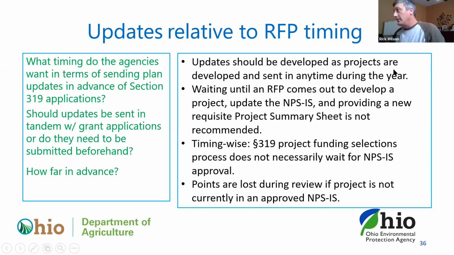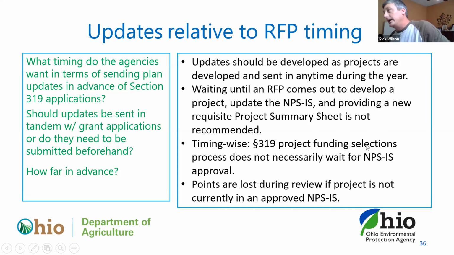There are some under development, and people are already saying, okay, we'll be updating and sending those in soon. So don't wait until the RFP comes out to develop a project update or send us a new plan. We would want to see those all day, every day, if we could. We hope those don't happen just when RFPs come out.